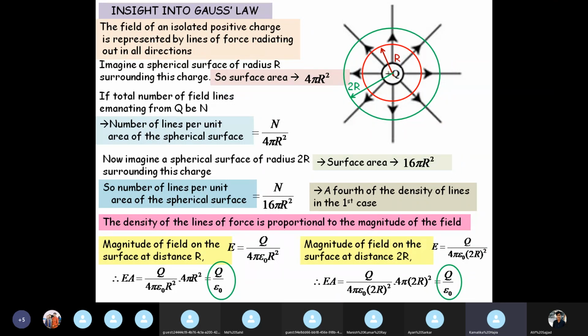It depends only on the value of the enclosed charge. So here the enclosed charge is Q, no matter which spherical shell you take to calculate the flux. So although the density of lines of force is different at the different spherical shells, the flux remains unchanged.